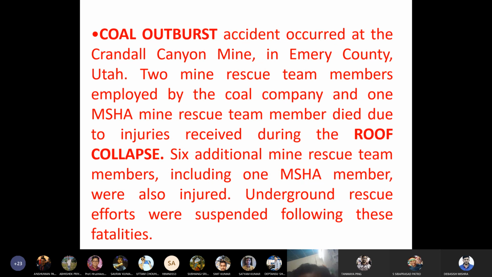And the accidents which take place because of coal outbursts or coal bumps and collapse of the pillars are the major cause of accidents in the mines.